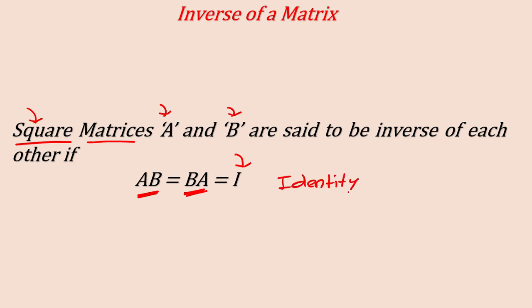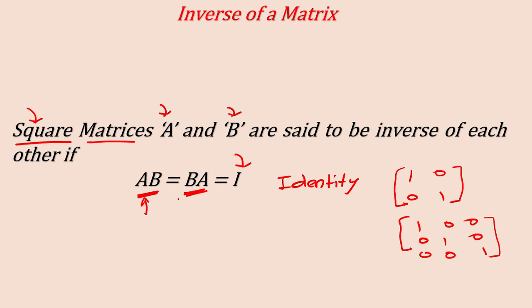If you remember, I told you in the types of matrices video. Identity matrix means 1 0 0 1, this is 2 by 2, or 1 0 0, 0 1 0 and 0 0 1, this is for order 3. So, if you multiply two matrices in both orders and you get the identity matrix, it means both of them are inverse of each other.